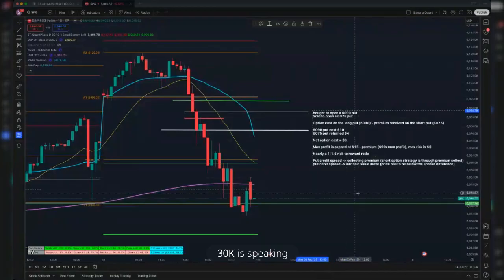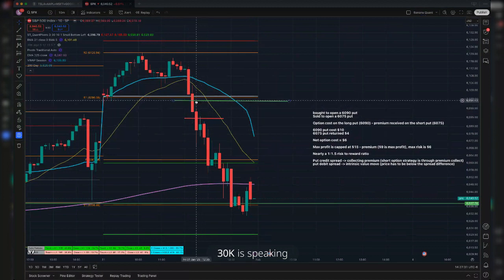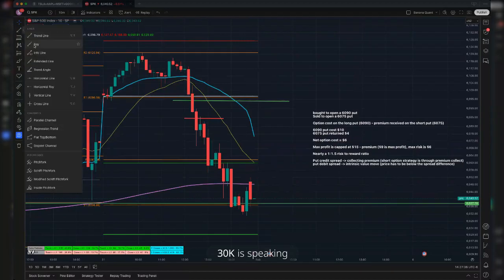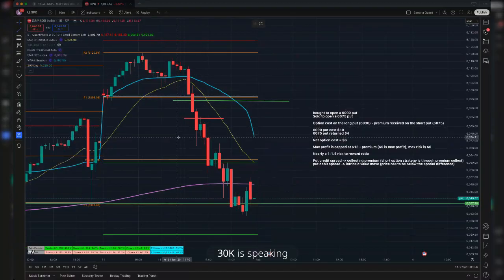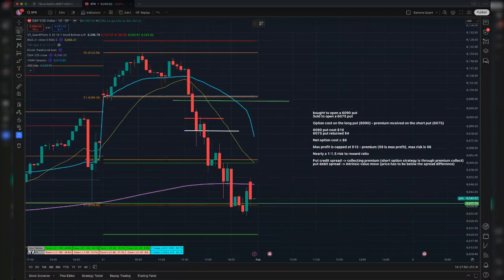And if you're getting into intraday hedging scenarios, for example, let's say that the price is still up here, right at the 60-90 area, and you say, you know what, I think this could get really ugly. So I'm going to buy a 60-75 and I'm going to short a 60-65.